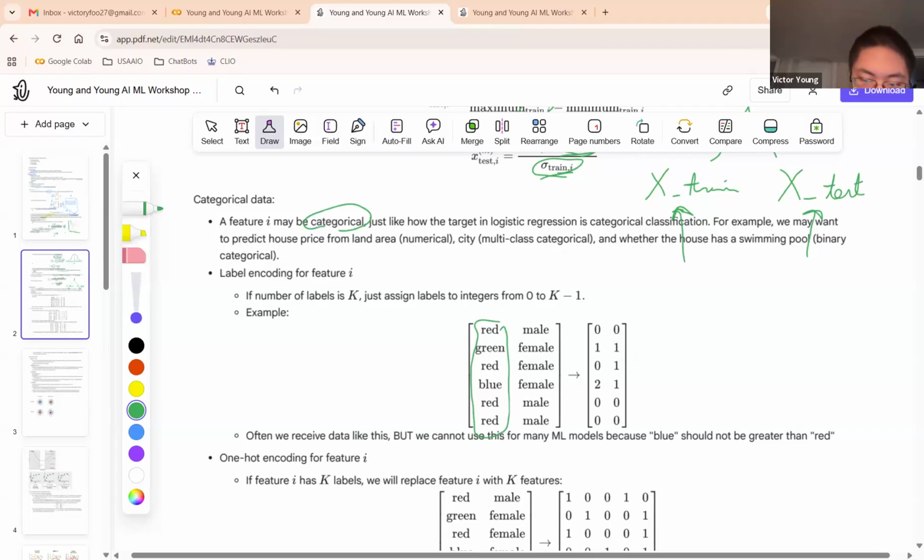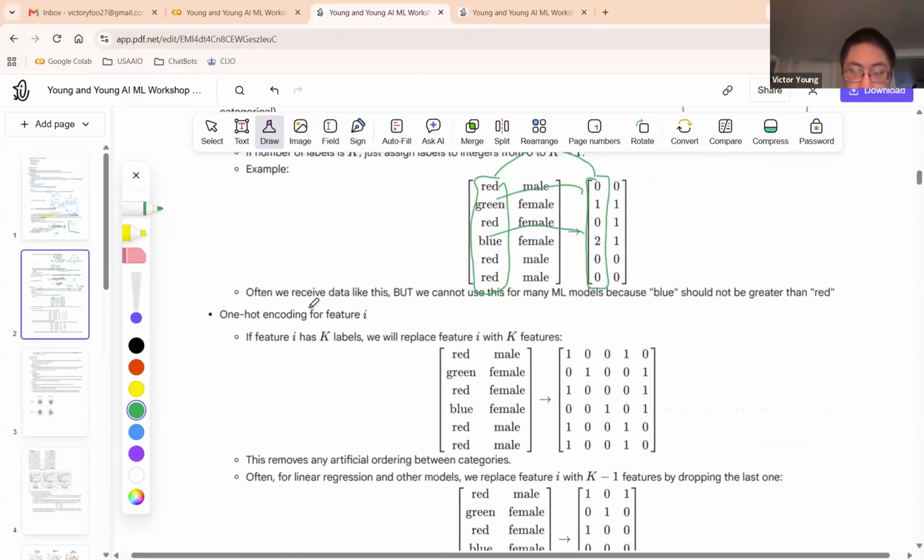And how does that come in data? It might be like, oh, I assign red as 0, green as 1, and blue as 2. But is that appropriate? How do I know that green should be between red and blue? And how do I know that the difference between red and green and blue is 1? That does not make sense. That's quite an arbitrary assignment.